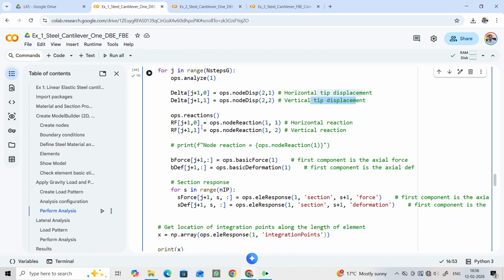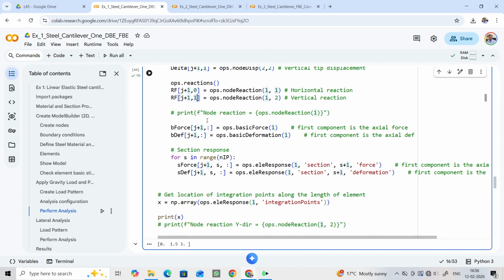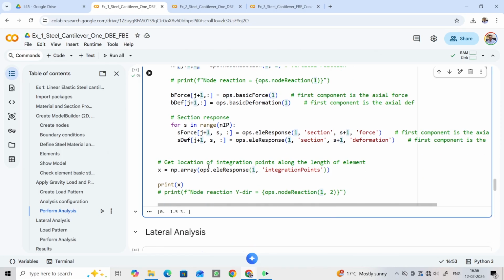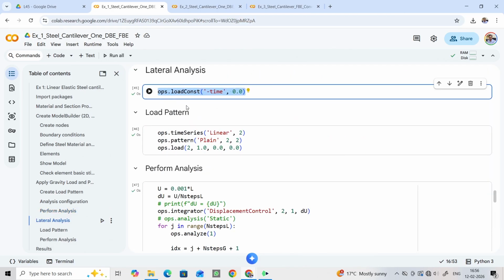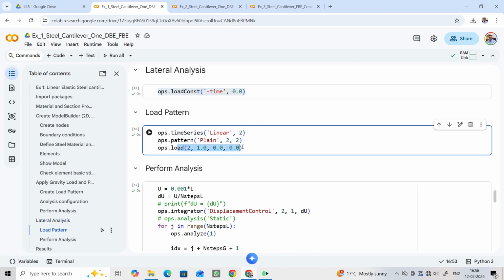Okay. And this is the horizontal reaction, first entry, vertical reaction is the second entry, and you can also save the basic forces. Okay. Then you put loadConst -time 0, this is very, very important to keep the load constant and reset the time. Okay. So, then we are applying the lateral load.